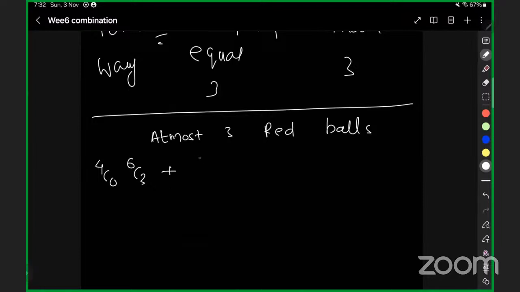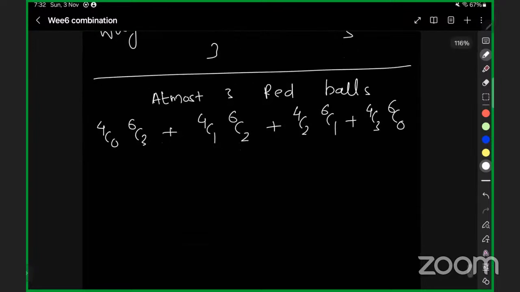You can choose 4C1, so 1 red, and then 6C2. You can choose 4C2 and then 6C1, at most 3. So 3 is possible, 4C3, 6C0. So these 4 cases will be there, and you have to compute it, right? So there are 4 cases. You have to add them.